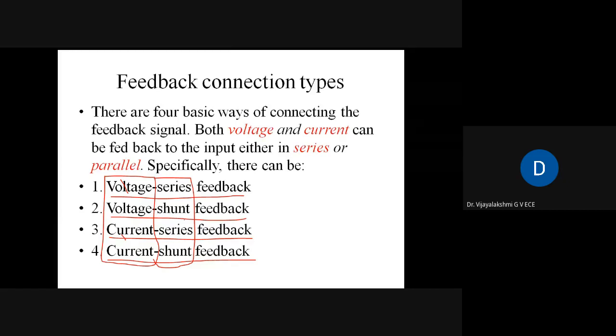So based on that, you have 4 feedback connection types. Each one has its own advantage. Now as per your syllabus, you are going to study the voltage series feedback amplifier. Okay, so let us continue further.